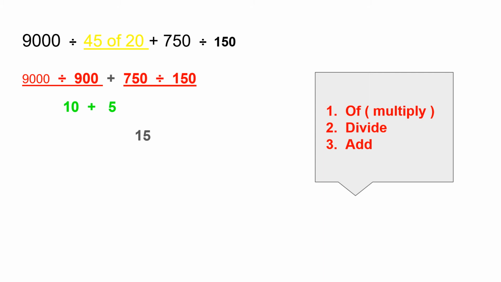That means we will multiply 45 with 20. Answer is 900. Then second operation is division. Divide 9000 with 900. Answer is 10. And 750 with 150. Answer is 5. Third operation, addition. 10 plus 5 is equal to 15.